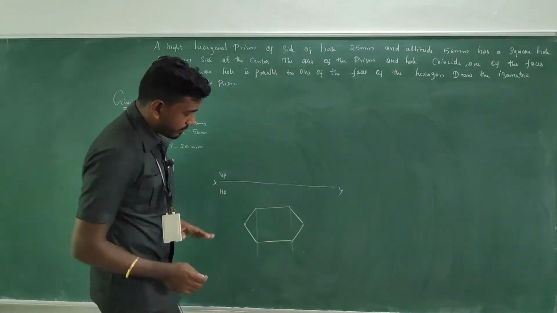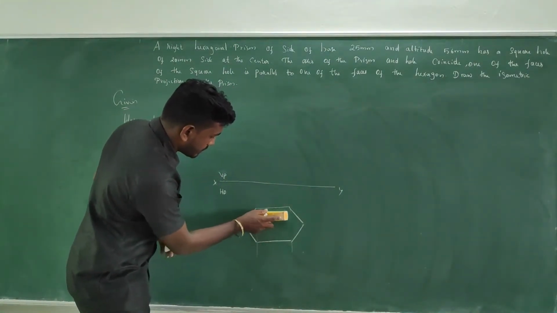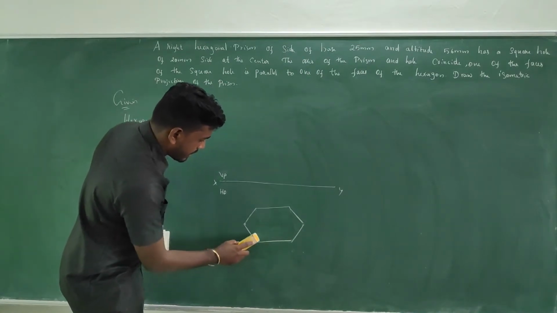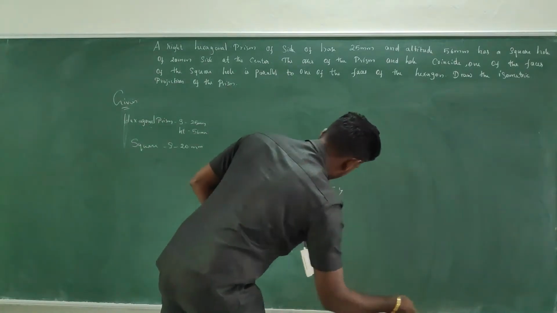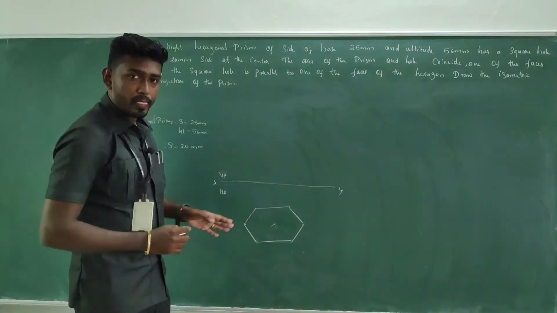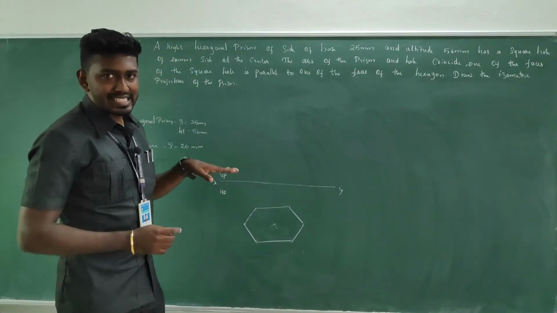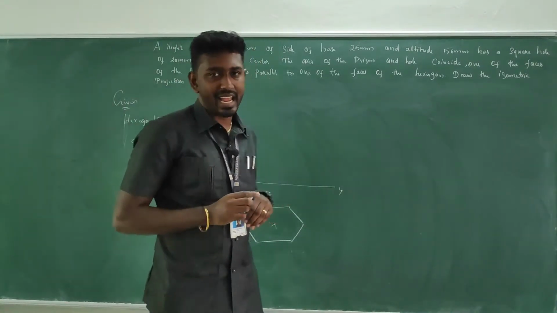After constructing, we will get this shape like this. So this is a hexagon. When you have it at the center, naturally you can get the center of the hexagon. It's a prism, so we will have two bases, top base and bottom base.